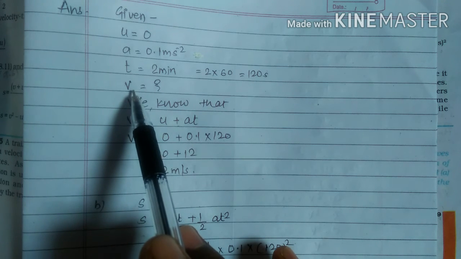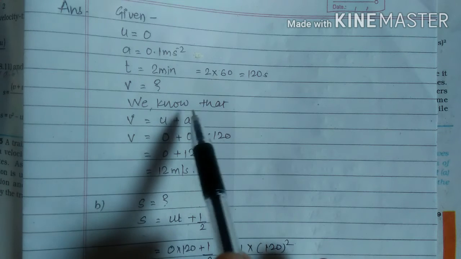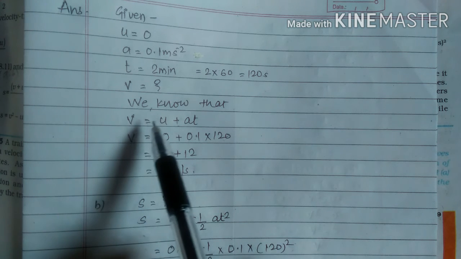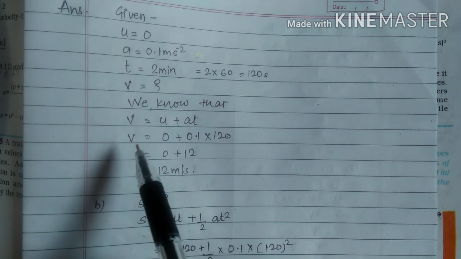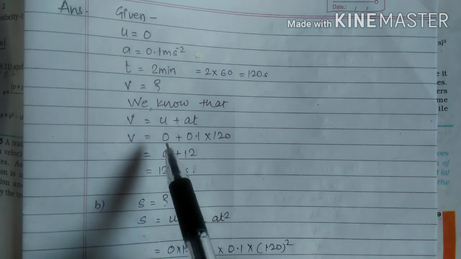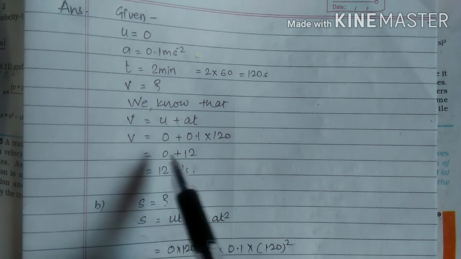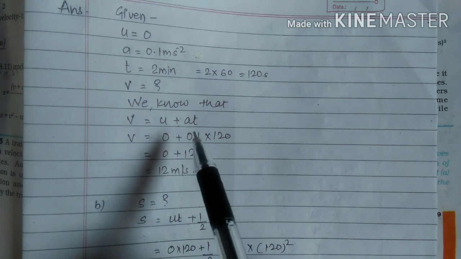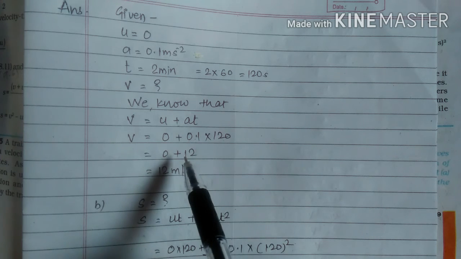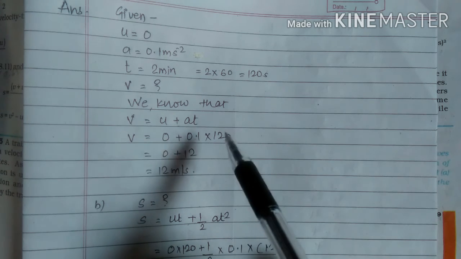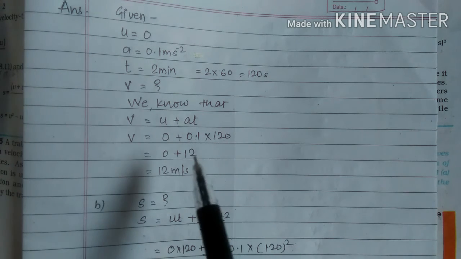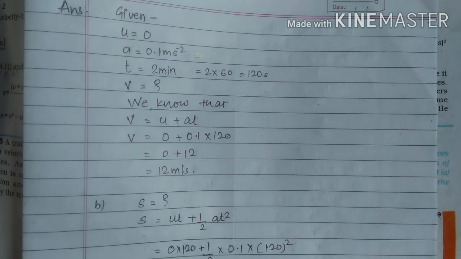We have to calculate v. We know the formula v is equal to u plus at. V is equal to initial velocity 0 plus 0.1, a, t 120, 0 as it is plus, and here multiplication only 12. Just we have to cancel this point and cancel this 0. It means 12 meter per second.